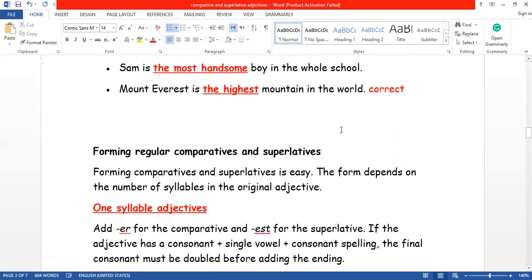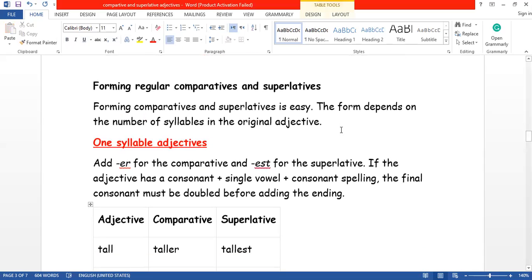So here we have how to form regular, comparative, and superlative adjectives. I already talked about how to form them. If we have a one-syllable adjective, we add what? To the comparative adjective, we add er at the end of it, and est at the end of the superlative adjective, okay?